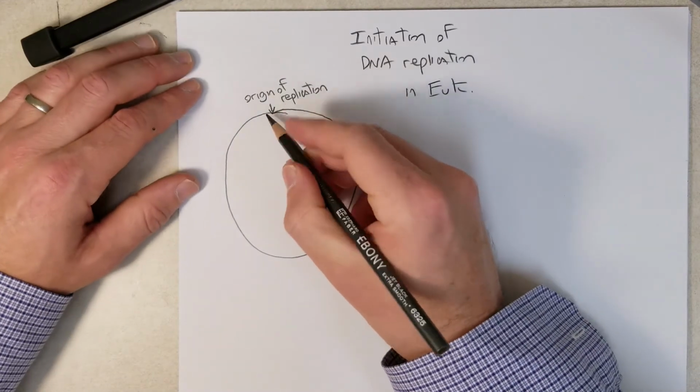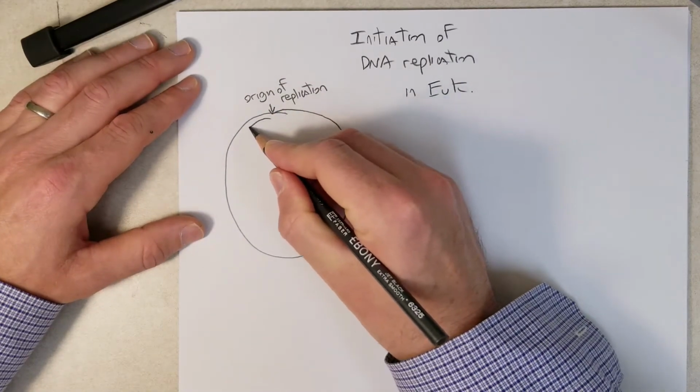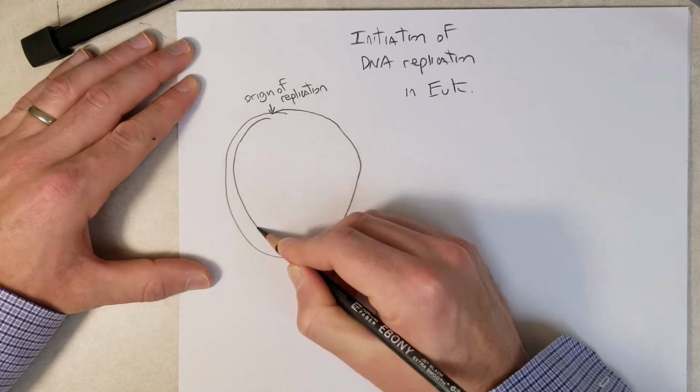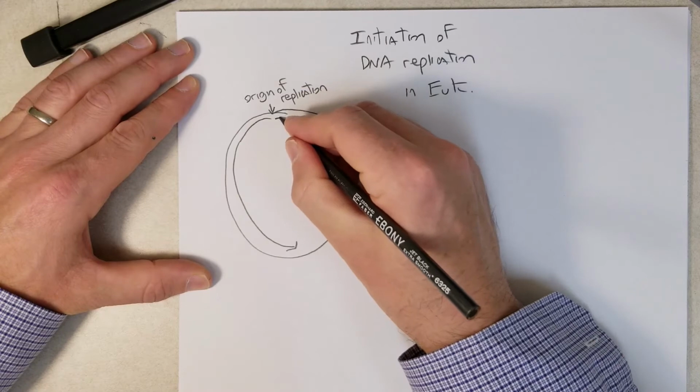And it usually occurs bidirectionally, right? So from the origin of replication, it'll occur in both directions, and we call this bidirectional replication.